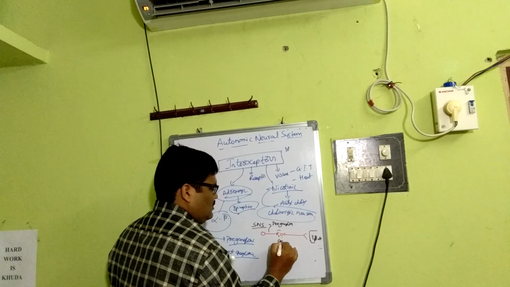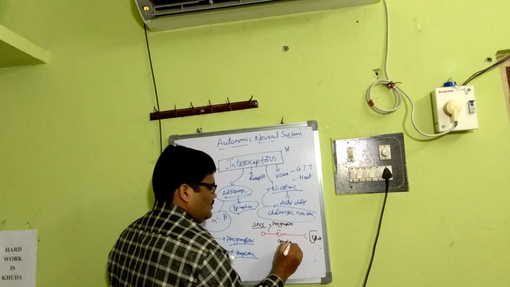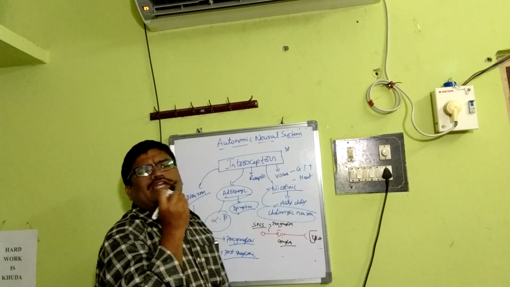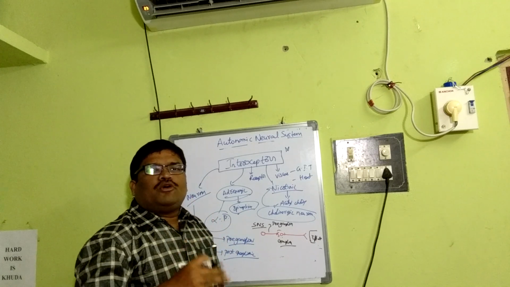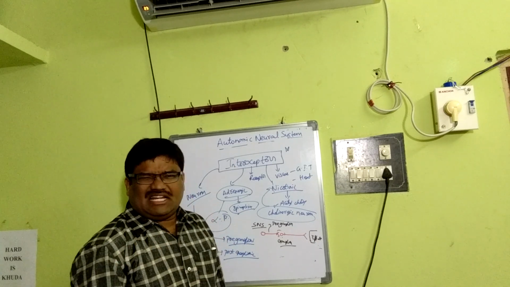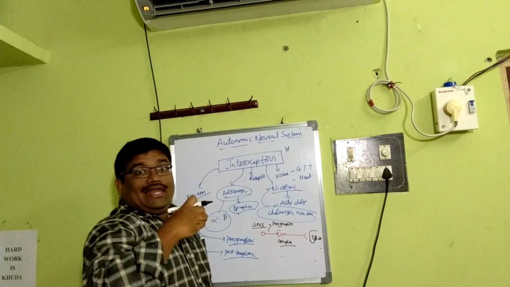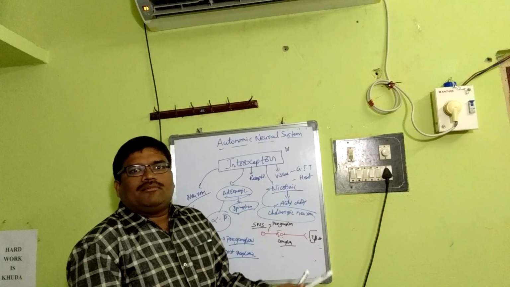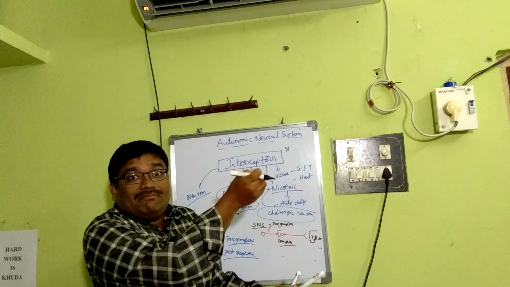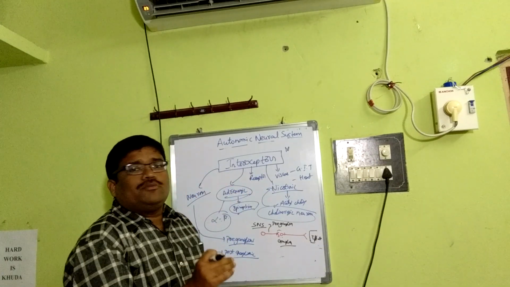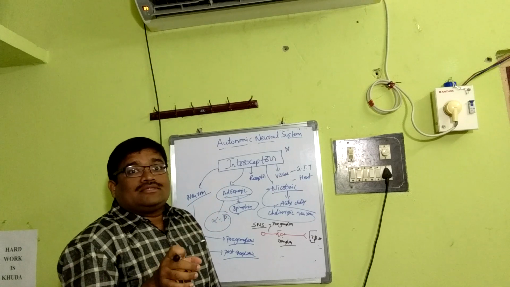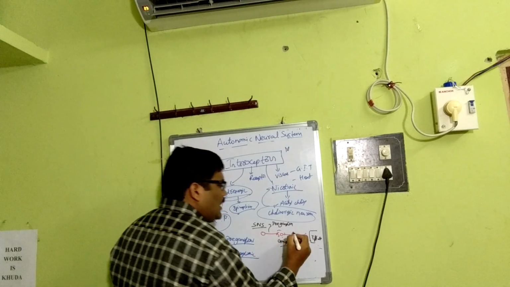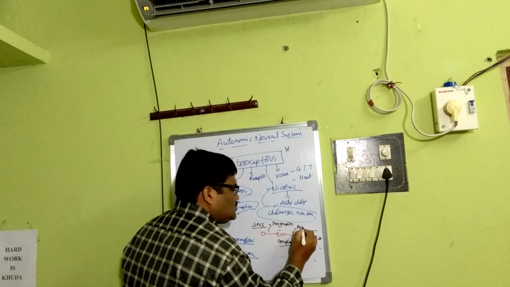This is the ganglion. A ganglion is an anatomical unit in the neural system which consists of cell bodies of many neurons. It is like a swelling along the nerve fiber, like beads on a string. These swelling sacs are the ganglion. This is the preganglion and this is the postganglion.